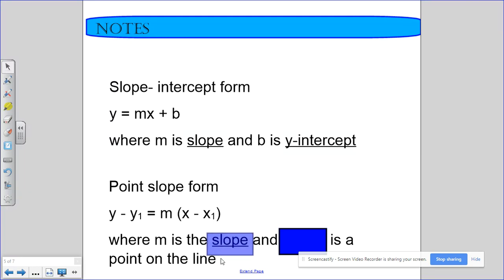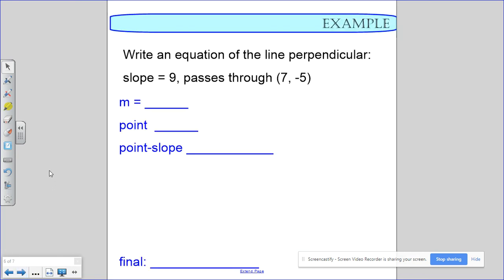M is still the slope, and our x1, y1 is a point on the line. We are going to use this form and translate it into the slope-intercept form. So let's look at what our problems are going to be asking us to do and the ways we need to do that. Put these two examples in your notebook.